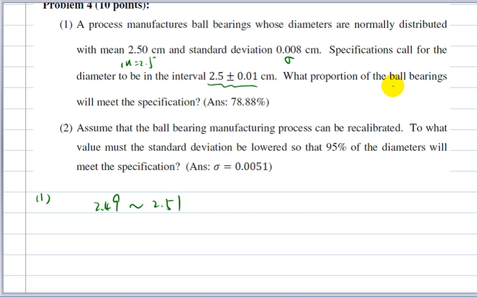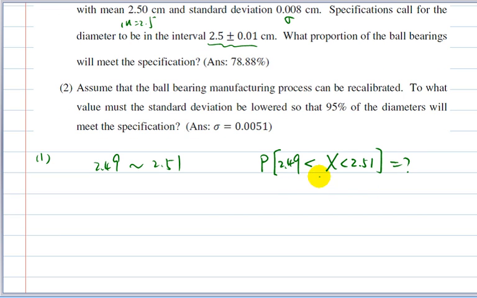Then, what's a proportion? Proportion is basically the probability idea. So the question becomes: if I use capital X to represent the ball bearing diameter, what's the probability of X being inside this interval? You need to find this. As I mentioned, I don't try to find the probability in terms of the probability distribution.